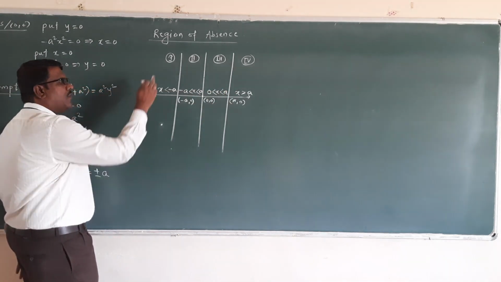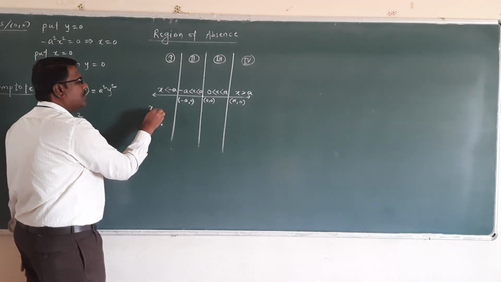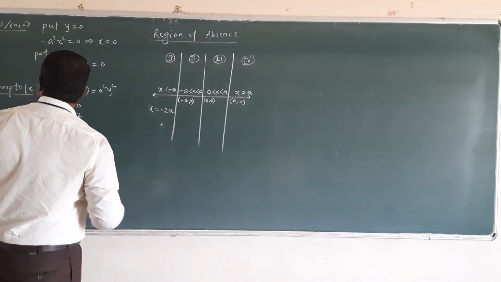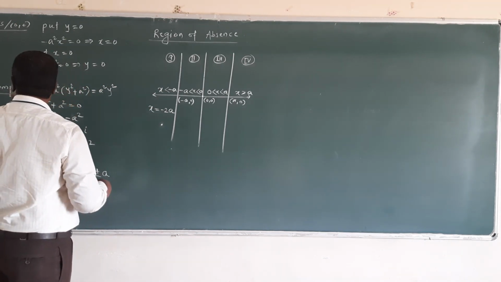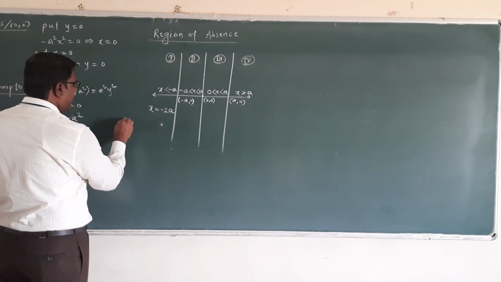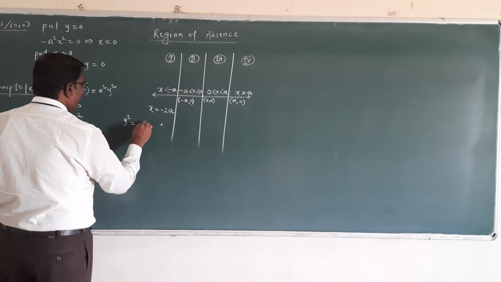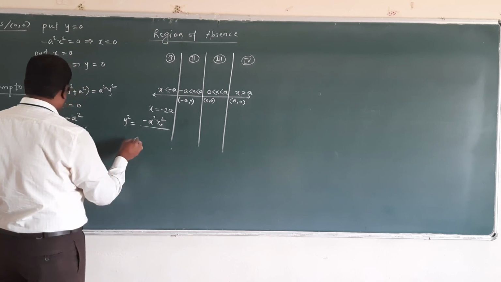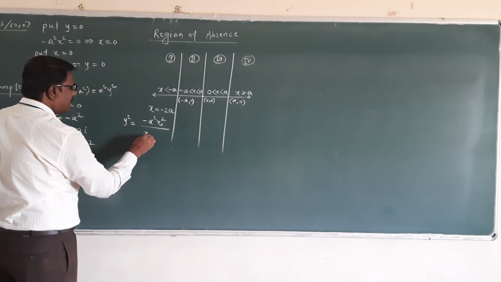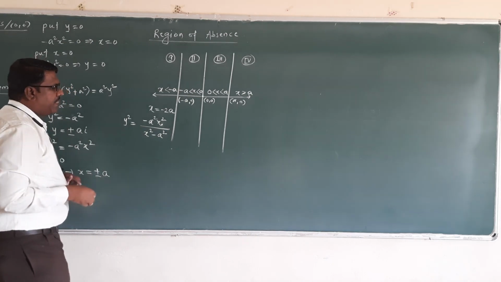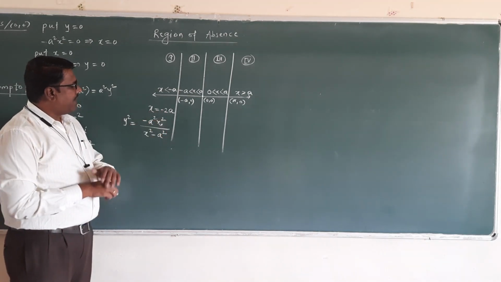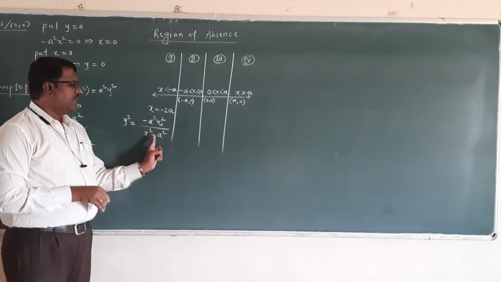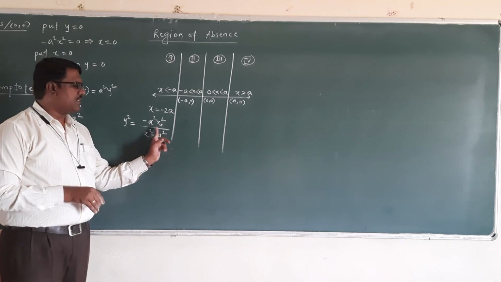Now for the first partition I will choose the value of x as minus 2a. When x is minus 2a, what is y square? I will write the equation like this: y square is equal to minus a square x square divided by x square minus a square. When x is minus 2a, the numerator is negative, and the denominator is 4a square minus a square, which is 3a square, positive.